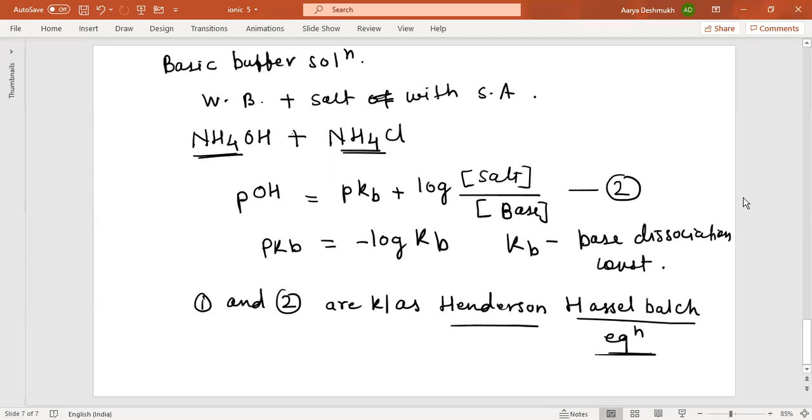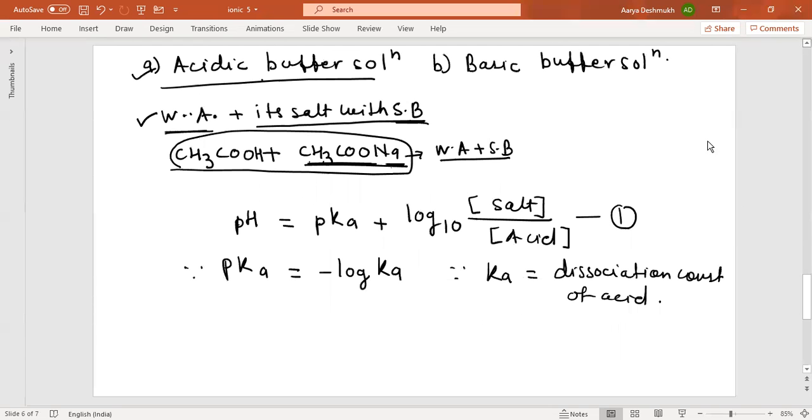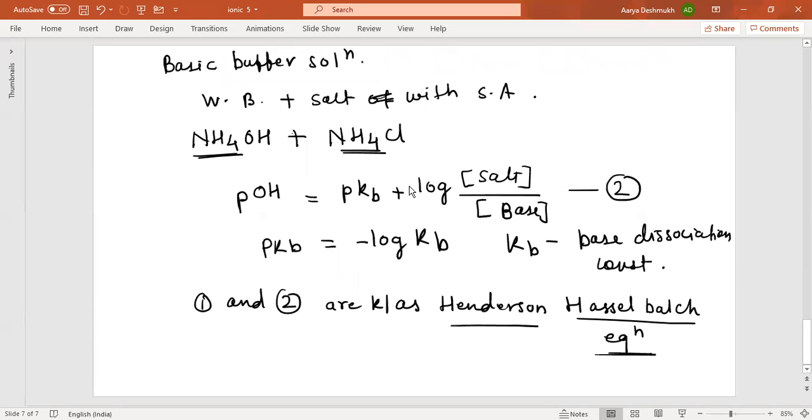These equations, equation number 1 and equation number 2 from the earlier slide, are known as the Henderson-Hasselbalch equations. You will be solving numericals based on these equations also.